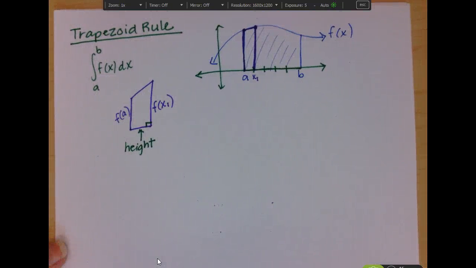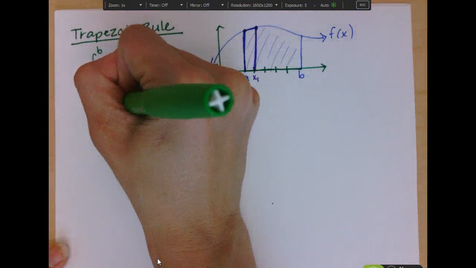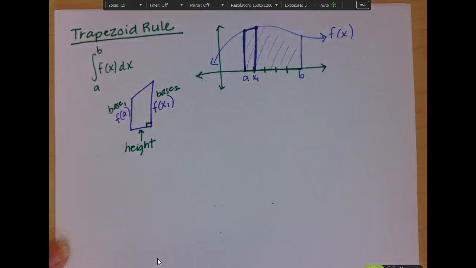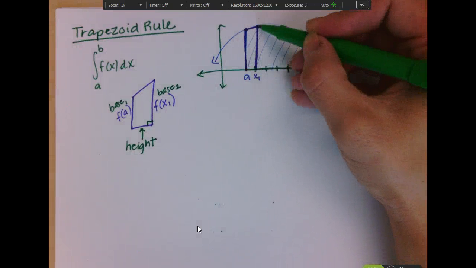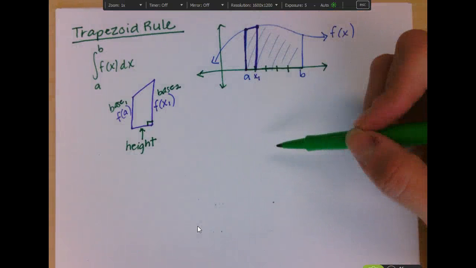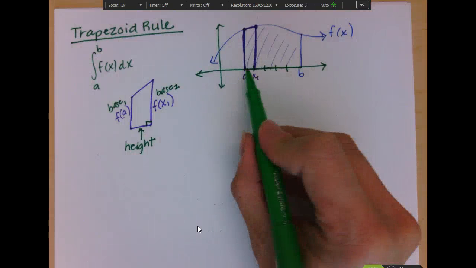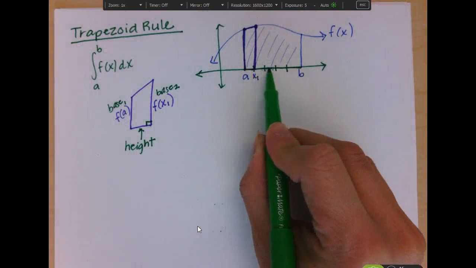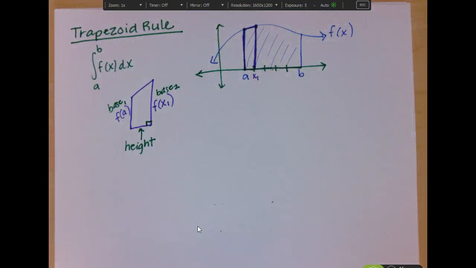Even though it's along the bottom, it seems like it should be the base. But remember, your bases, base 1 and base 2, have to be parallel lines. And so these vertical f of x values will always represent our bases, and then delta x, these spaces between the subintervals, will actually be the height of our trapezoid.